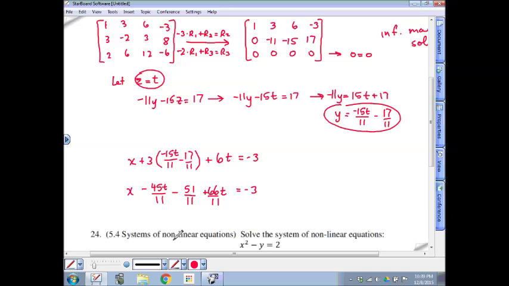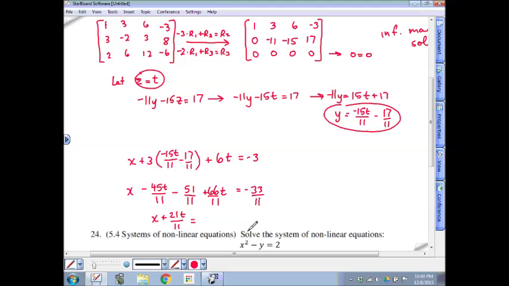So if we now combine here, 66t minus 45t is 21t over 11, and I'm going to go ahead and add the 51/11ths over to this side, but you can't add 51/11ths to negative 3, they don't have the same denominator, so this could become negative 33/11ths.